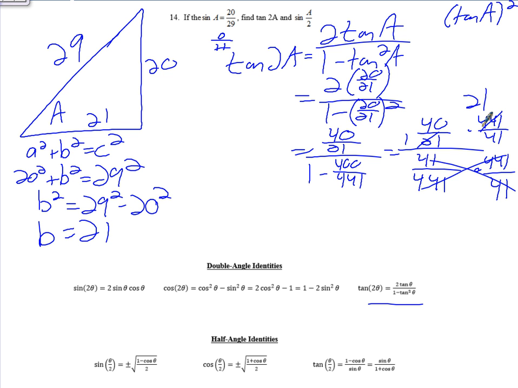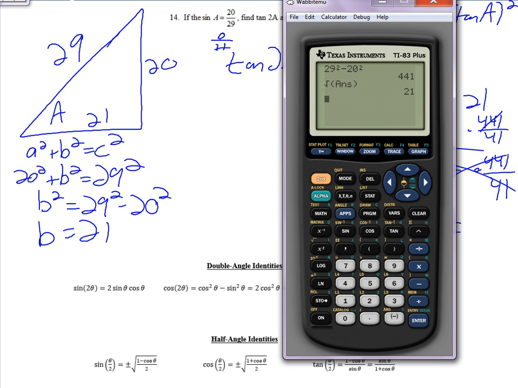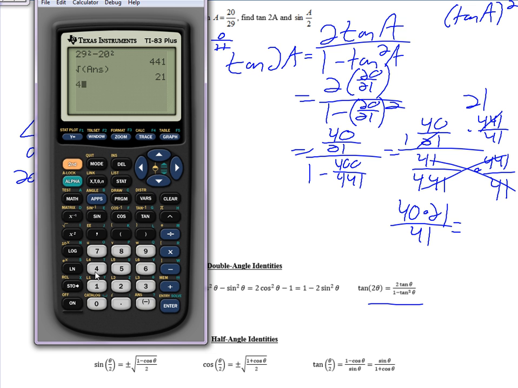This is going to be 21. So you'd get 40 times 21 over 41. So that's not going to be the prettiest answer. We can probably just leave it as 840 over 41.